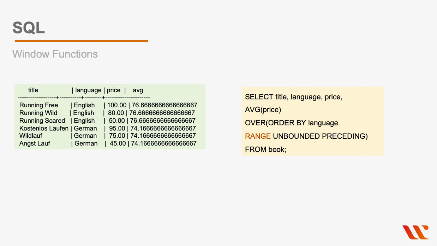So here we can see that if you look at the average, the first one is the same. So for the English, if you just add up those three prices and take the average, you'll get 76.66 recurring. But for the second part, for the German, if you add up those three price numbers and divide by 3, you won't get 74.166. You'll get 71.667 or something like that.